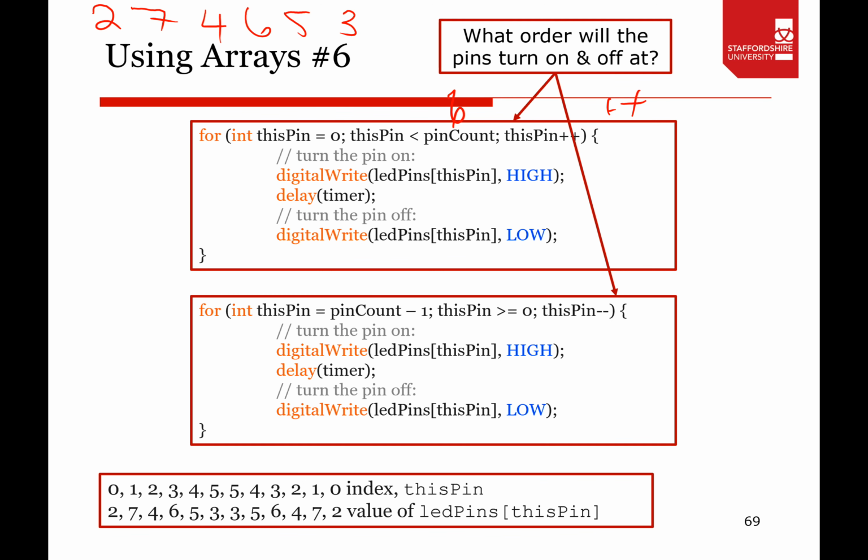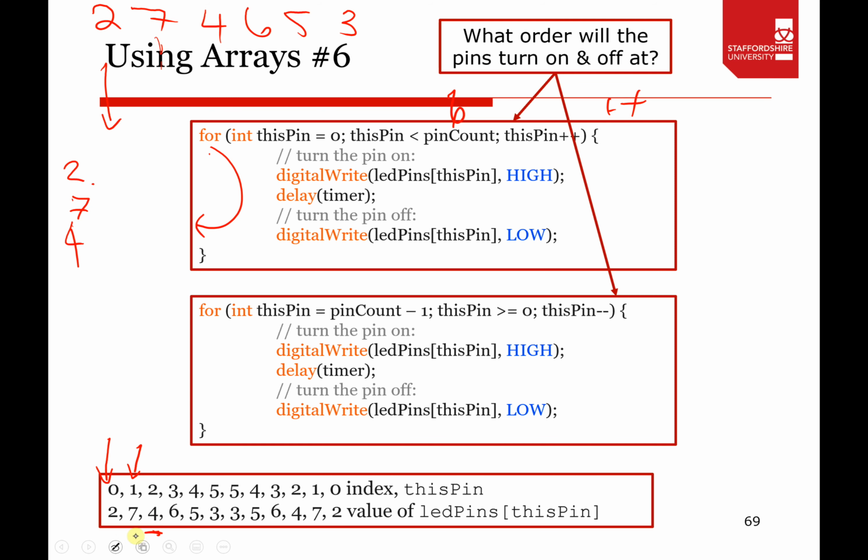In fact, that is the order. So the index of 0 gives us a 2. So the first time round this loop, we get the 2. The next time round the loop, the index becomes a 1, so we then get 7. The third time round the loop, we get a 4.